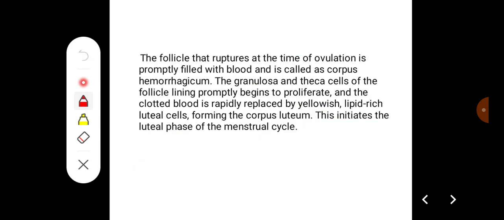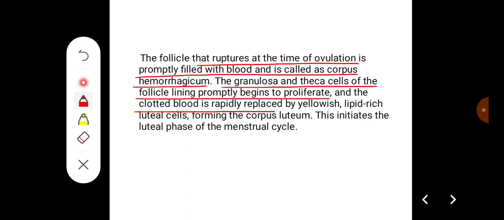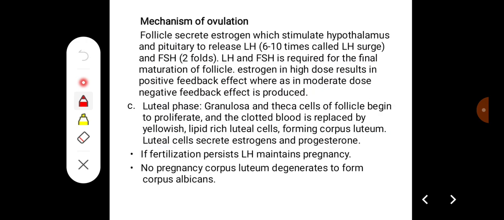The follicle that ruptures at the time of ovulation is promptly filled with blood and is called corpus hemorrhagicum. The granulosa and theca cells of the follicle lining promptly begin to proliferate and clotted blood is rapidly replaced by yellowish, lipid-rich luteal cells forming corpus luteum. This initiates the luteal phase of the menstrual cycle.